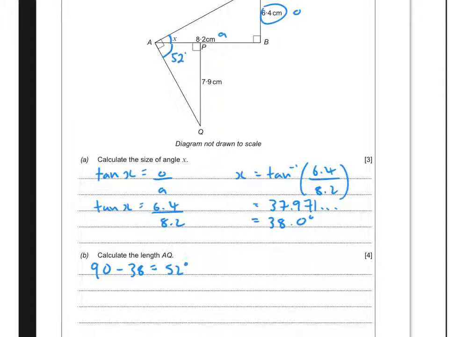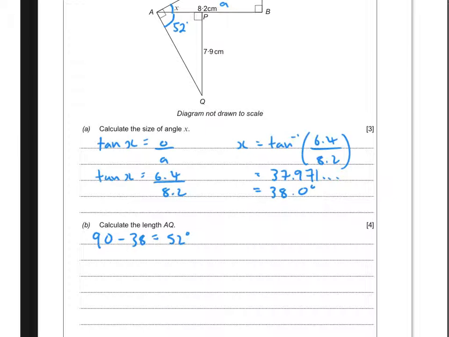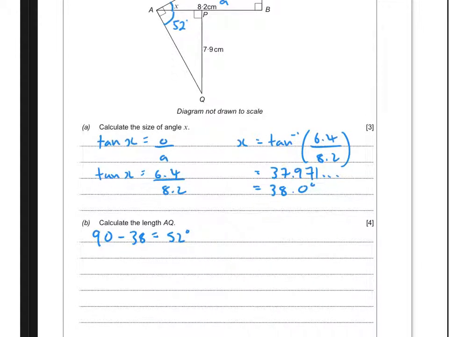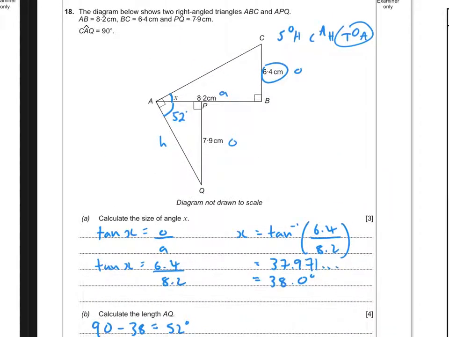I can now use that to help me answer the rest of the question, because if this is my angle, this side is the opposite, and we've been asked to find this long diagonal here, which is opposite the right angle, which tells me this is the hypotenuse. So if I label that for you, that's my O and that's my H. So again, looking up at the top, for O and H, I'll be using the sine ratio.